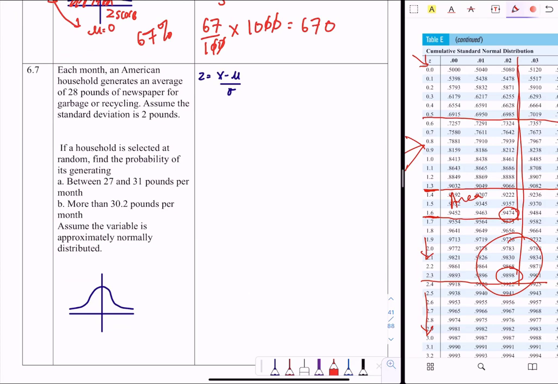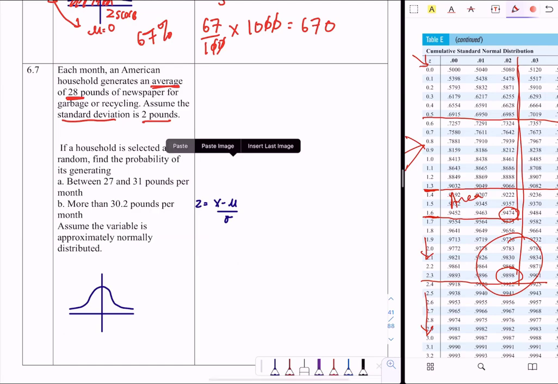Okay, next. Each month, an American household generates an average of 28 pounds of newspaper for garbage or recycling. So we have the average here, the mean, and the standard deviation is 2 pounds.